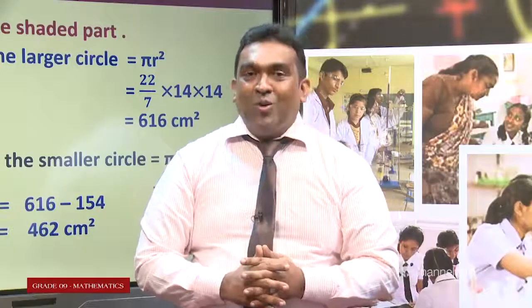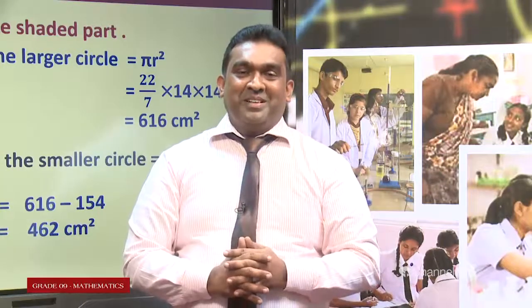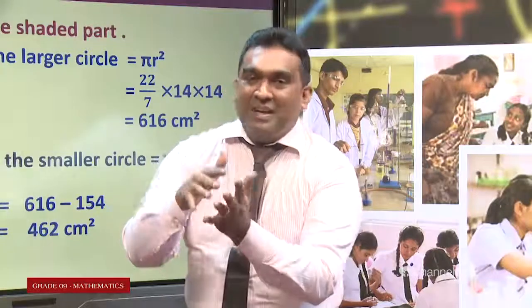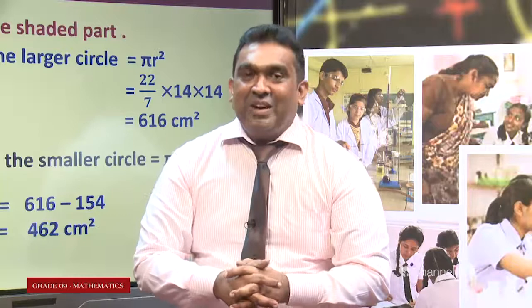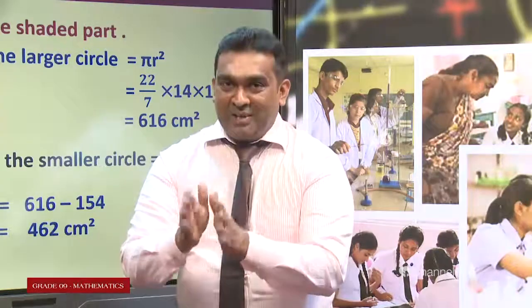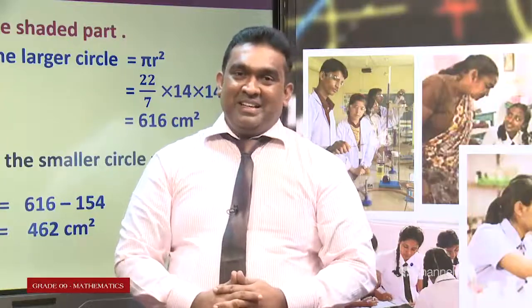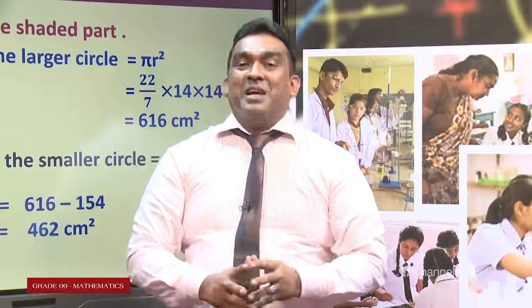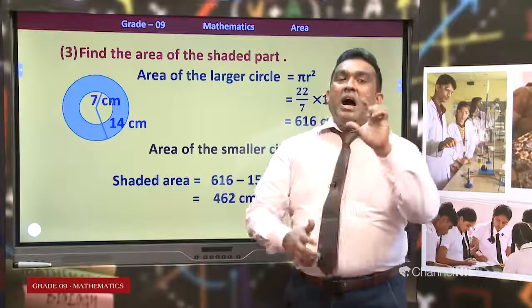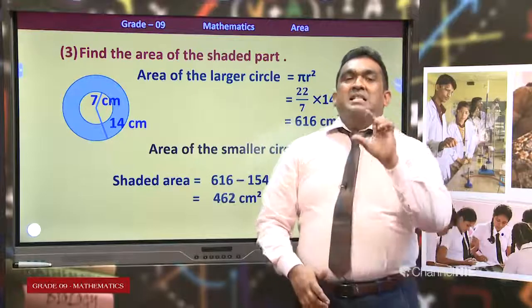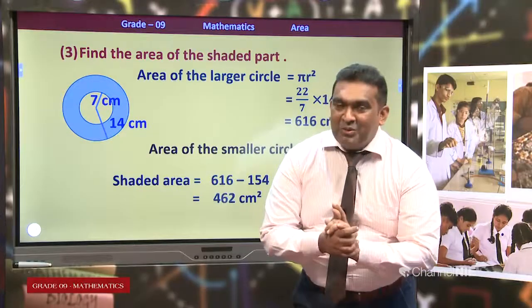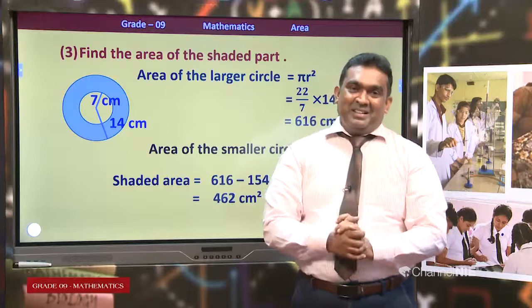Then parallelogram. A quadrilateral with 4 sides, 2 pairs of parallel sides. What is the area of a parallelogram? Base into perpendicular height. Then we considered trapezium. Area of a trapezium is equal to half into sum of lengths of 2 parallel sides into perpendicular height.